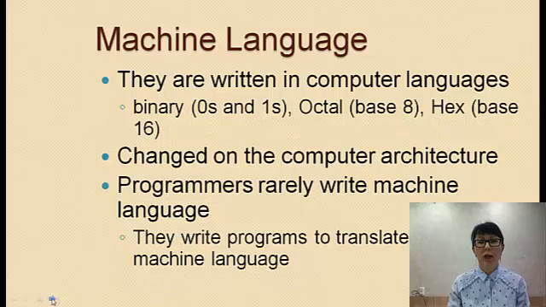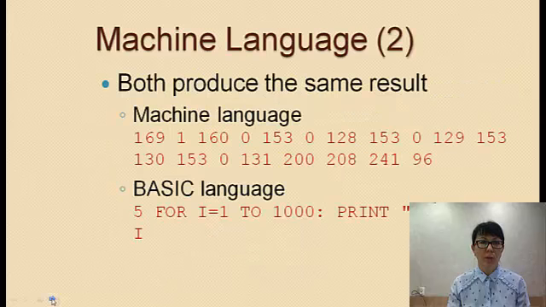It changes depending on the computer architecture. Programmers rarely write machine language. They write programs that translate code into machine language. Both produce the same result. This slide demonstrates examples of machine language and assembly language.